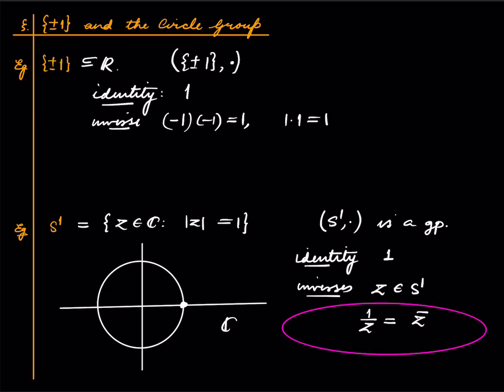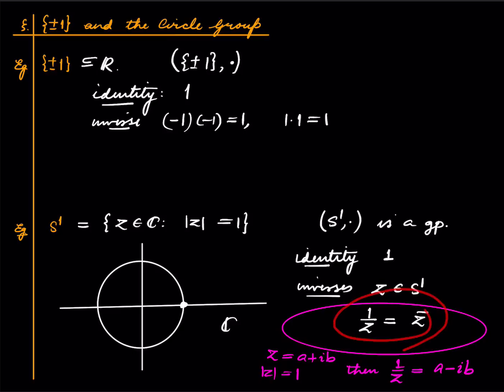So after this long delay, what I want to say is that if Z is equal to A plus IB with mod Z equals 1, then 1 upon Z, as one can easily compute, is A minus IB. This is what I have written here in a more complex numbers like notation.